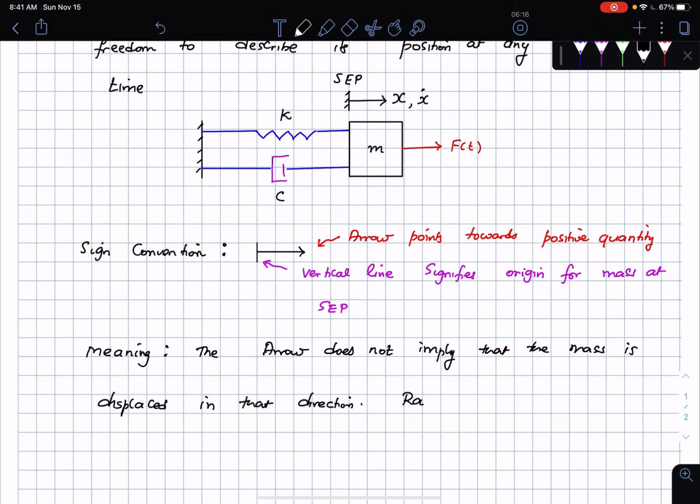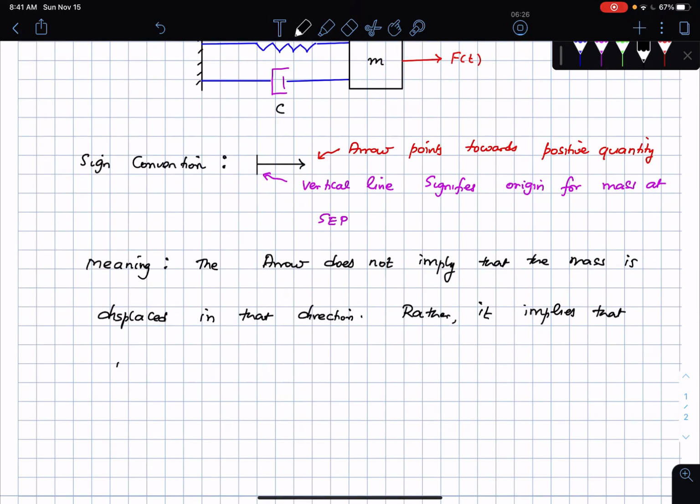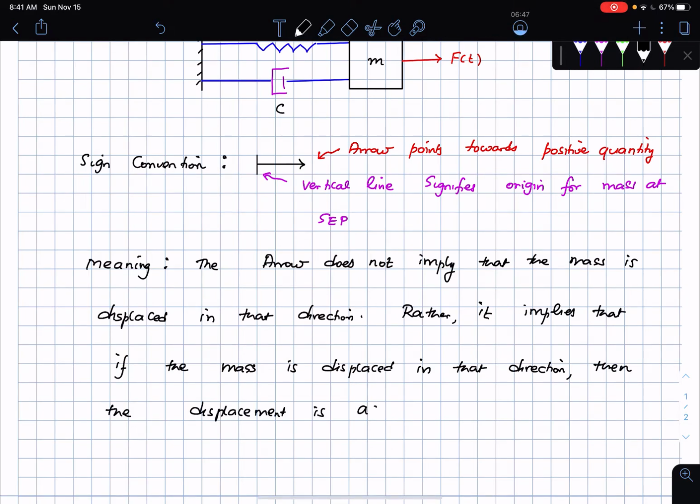Rather, it implies that if the mass is displaced in that direction, then the displacement is assigned a positive value.